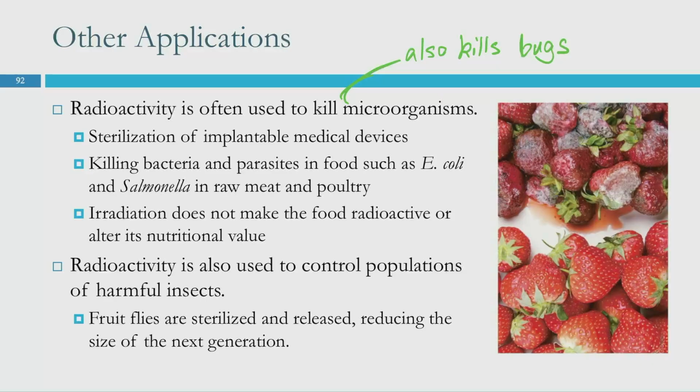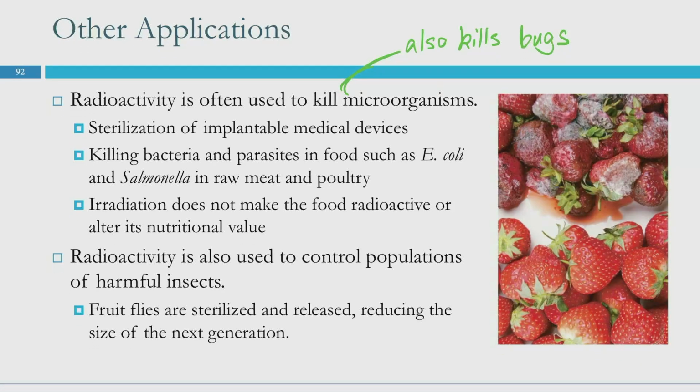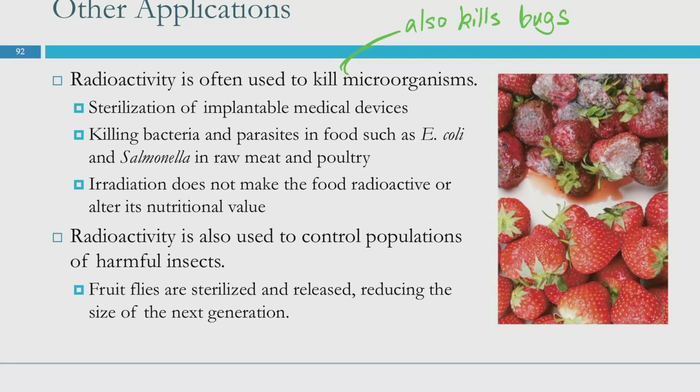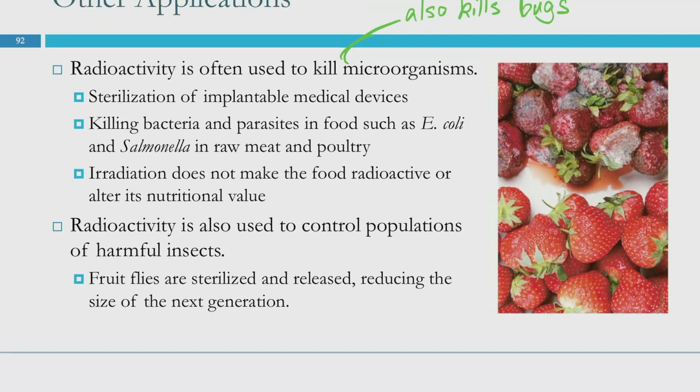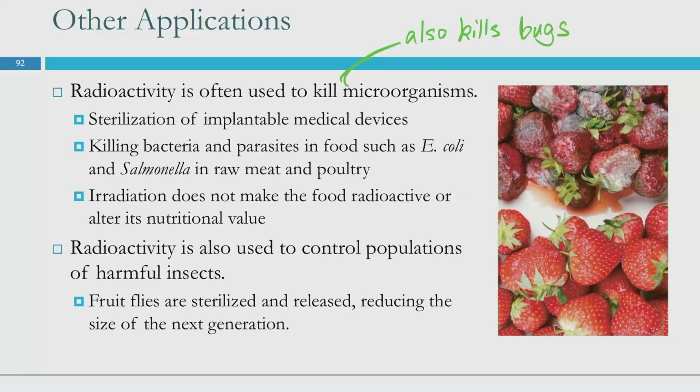Just hit it with a bunch of gamma rays. You can kill bacteria and parasites in food, like in meat and poultry. You can also use it to sterilize like salt. There are some salts that are like, this was not treated with radioactivity, and that's a selling point. I'm like, no, please treat it with radioactivity. I won't pay you more, but it'll make me feel a little better.